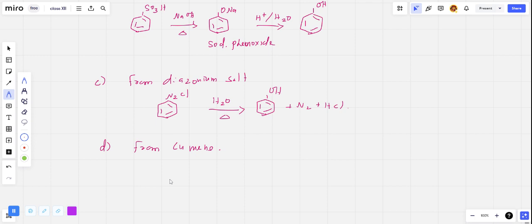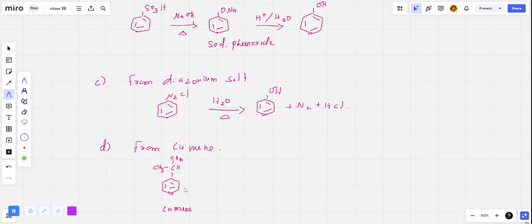Its structure is a benzene ring with a secondary carbon attached to the benzene ring. This is cumene.